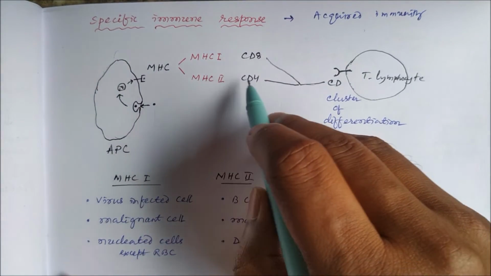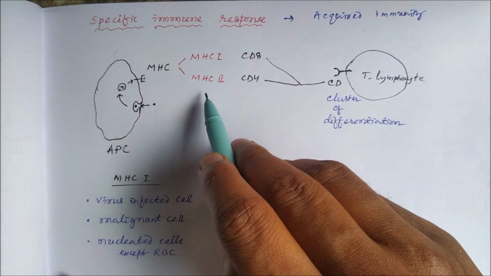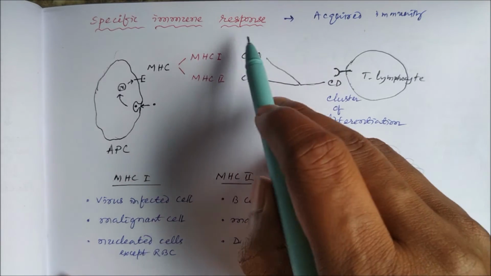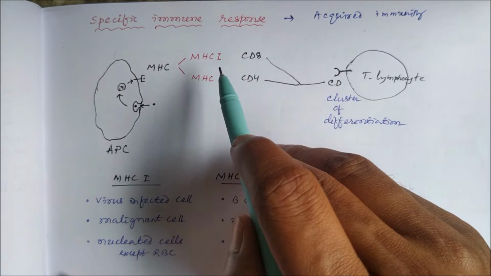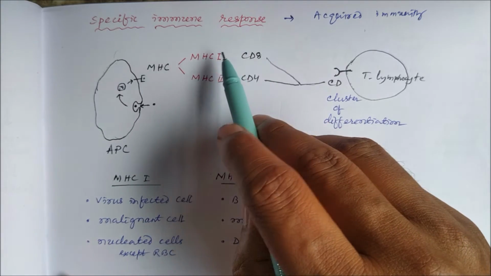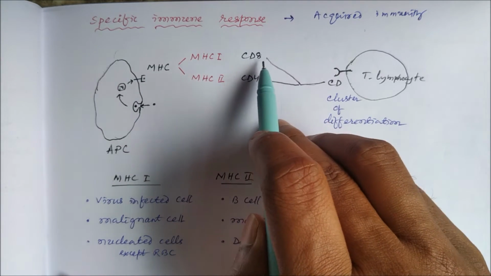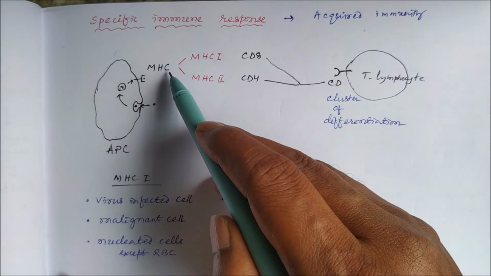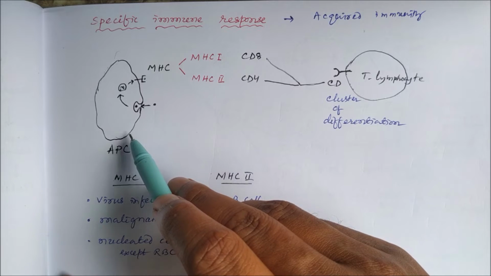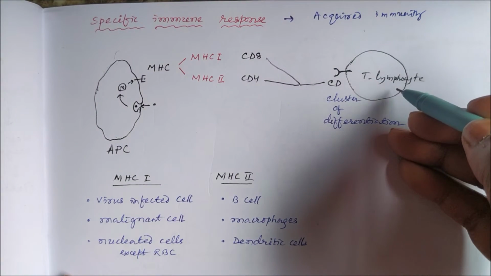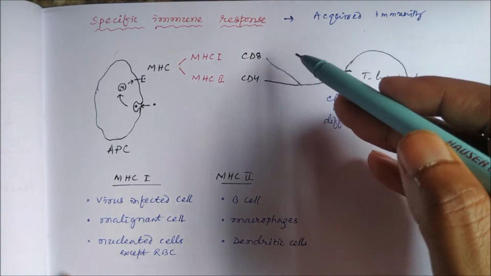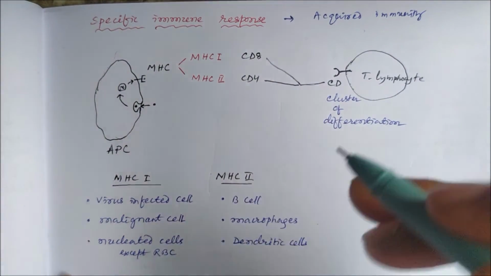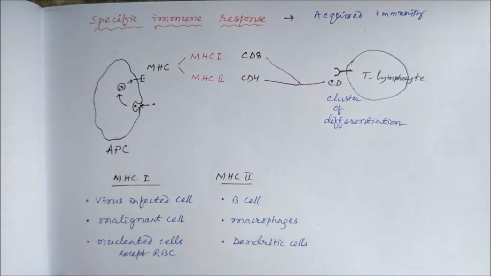When there will be some immune reaction, MHC2 CD4 interaction will be there, and when the cell has to be eliminated, the cell has to be destroyed, the cell has to be killed, then there will be MHC1 and CD8 interaction. So depending on the MHC expressed on the antigen presenting cell, the T lymphocyte with specific CD will come in contact and will interact, and there will be the specific immune response.